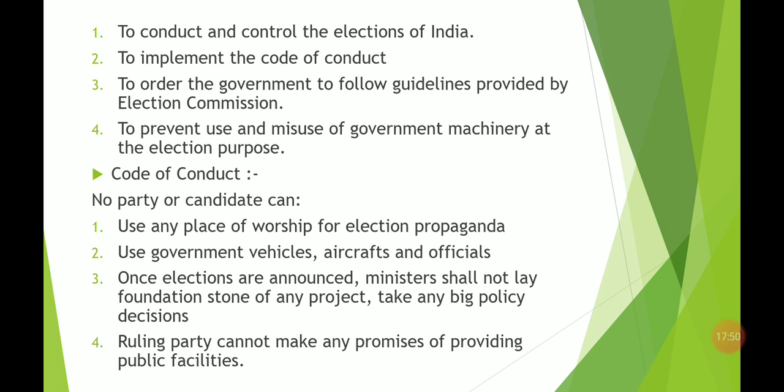And also to prevent the use and misuse of government machinery for election purposes. Means that the ruling party also cannot use or misuse the government machinery for election purposes. So for this, the Election Commission takes charge of all of these things.